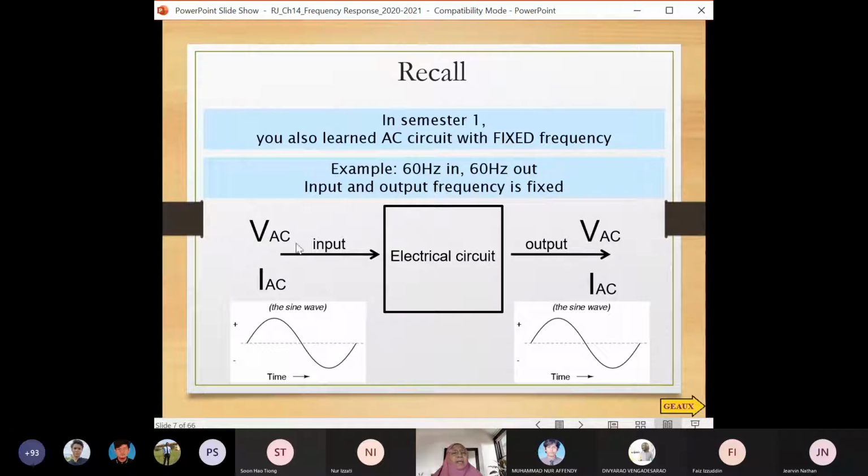Okay, so when you have input of 50 hertz, the black box, the electrical circuit's output will also have same frequency by right. However, because of physical components of the electrical circuits, the presence of capacitance, inductance, depending on the properties of the physical quantities, the electrical wiring, it slightly changes the frequency of the output, and also the signal will pick up noise.